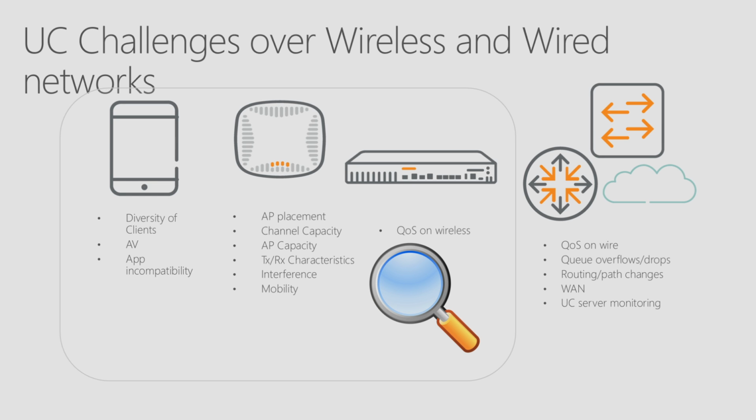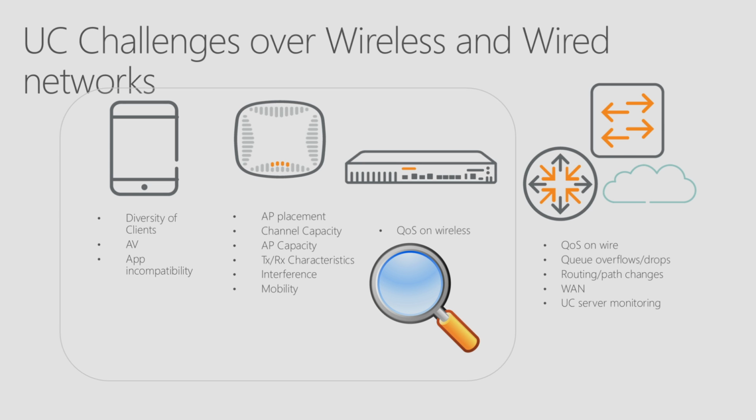The third component is the wireless LAN controller. Skype for Business is encrypted traffic. Do you have a stateful firewall built into your controller or your switch to look into these encrypted packets by doing deep packet inspection, to figure out whether it is a Skype for Business voice, video, or call, or something else? Once you figure that out, you can apply the right class of service on those calls.